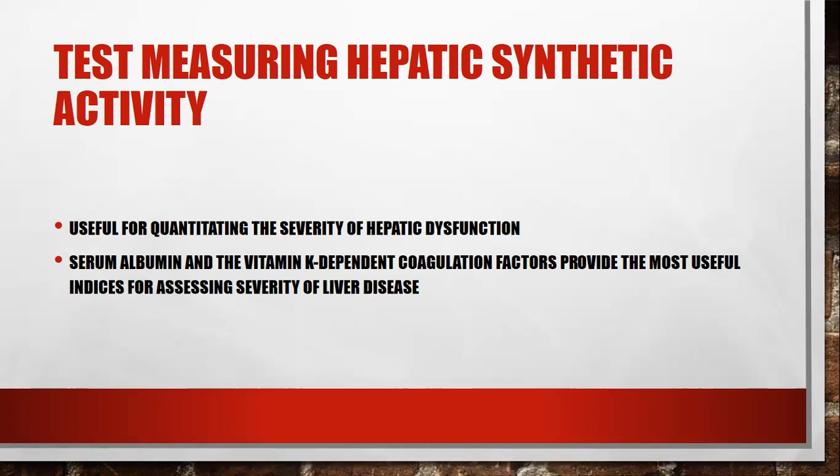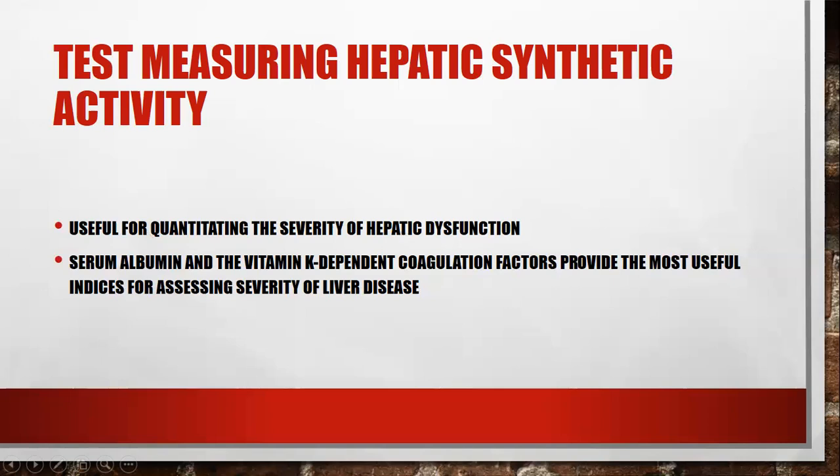So again, remember I've mentioned that the liver is capable of synthesizing so many substances, macromolecules or even smaller metabolites. These macromolecules include, again, protein, carbohydrates, lipids, cholesterols, and different enzymes. Now, measuring these substances is actually useful for quantitating the severity of hepatic dysfunction.